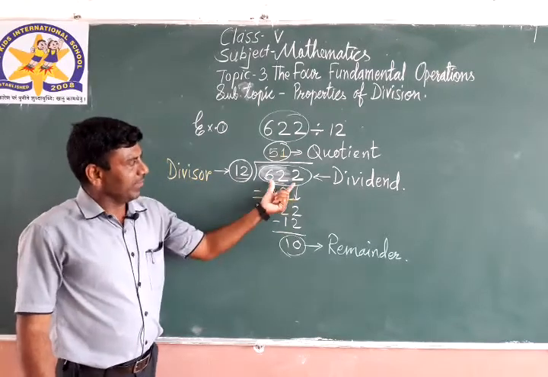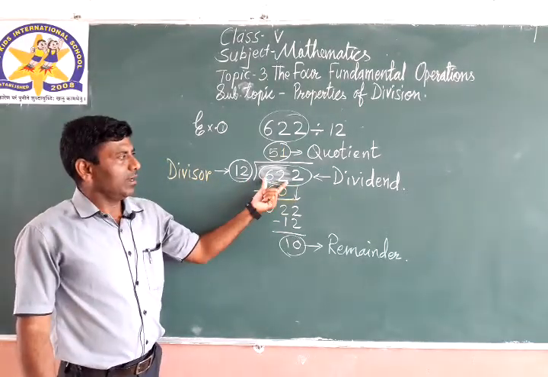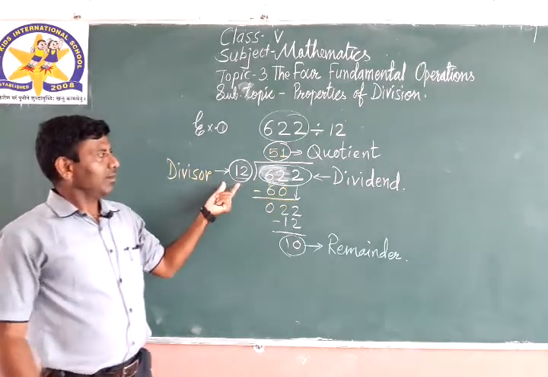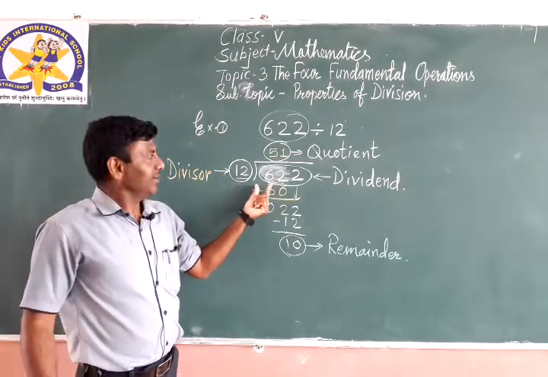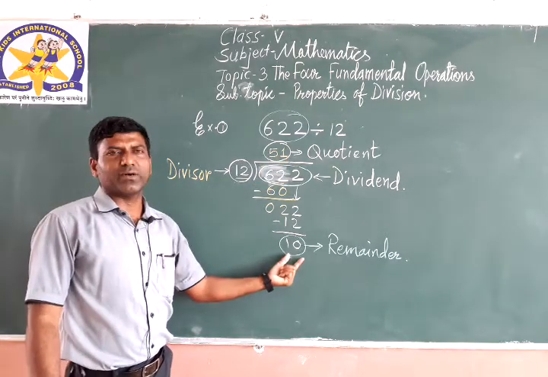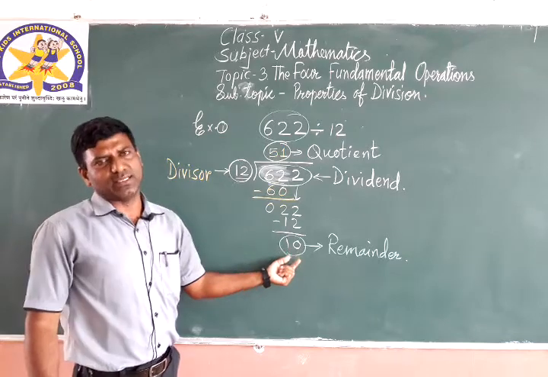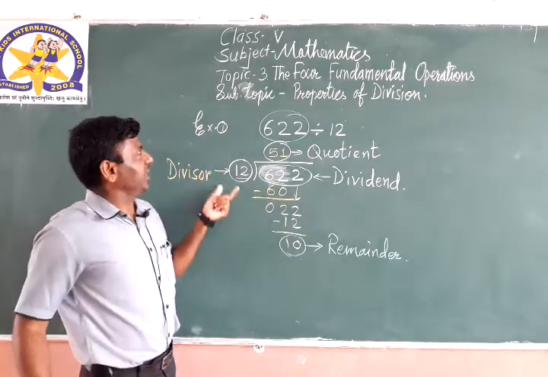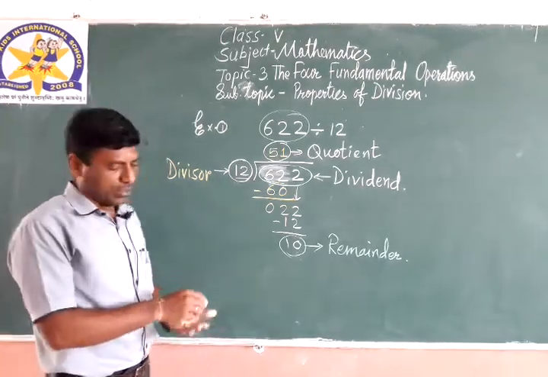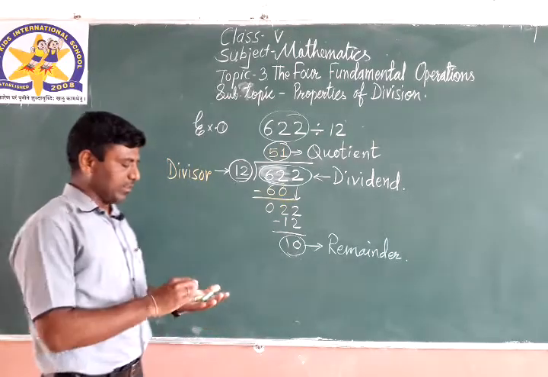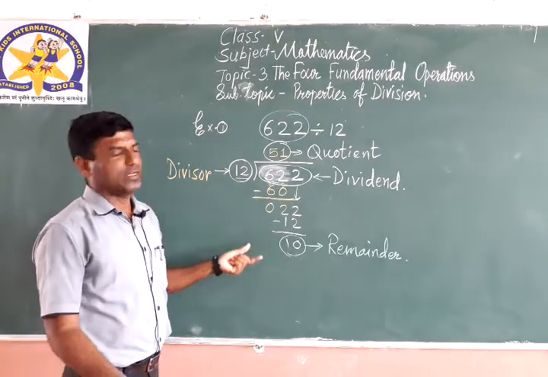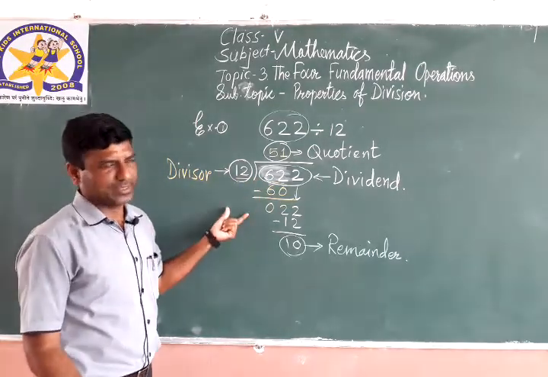So dividend is which we are dividing, divisor is by which we are dividing, whichever answer will come we call it a quotient on the upper side, and downside whichever remains, we call it a remainder. These are the four terms related to division. Understand? I already told you division is an inverse process of multiplication.